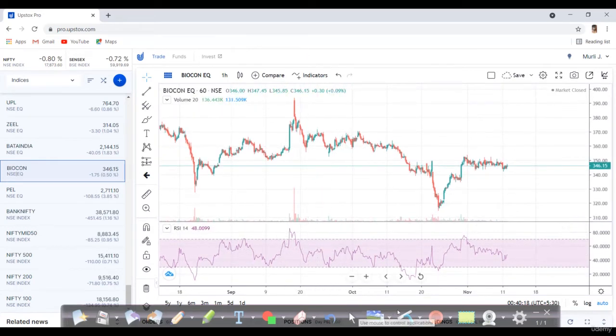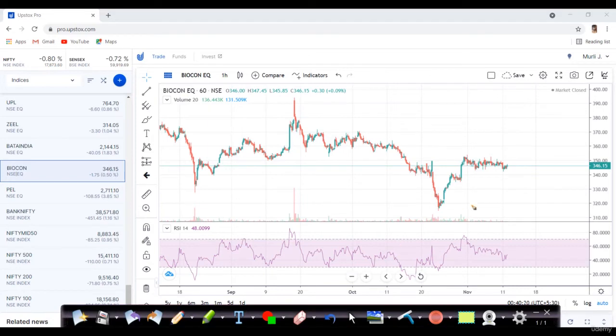Now in the RSI, there are two ranges in total. The upper line is 70 and the lower line is 30. 70 represents overbought, and 30 represents oversold, below 30.